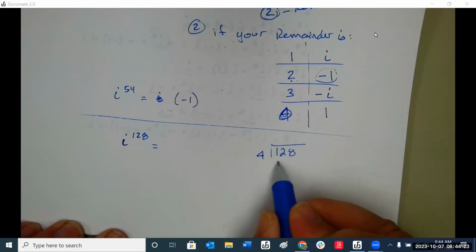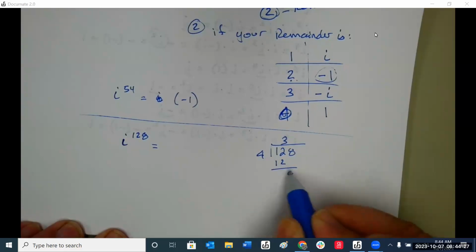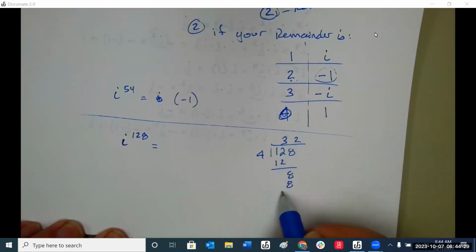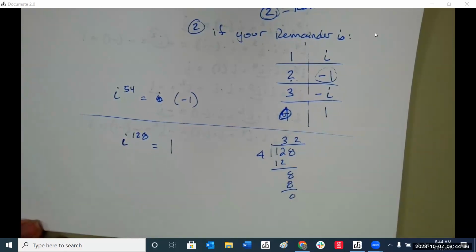How many times does 4 go into 12? 3. 4 goes into 8 twice. The remainder is 0. The remainder is 0. Answer is 1.